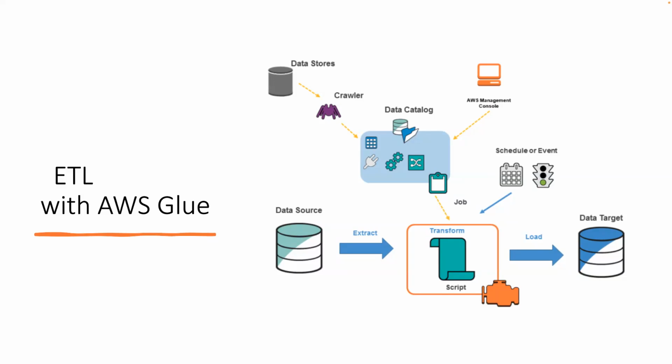That's what a crawler does. When crawling data, it parses the data and finds the best type for each column. For that they have built-in classifiers, or you can bring custom classifiers by writing your own regular expressions.